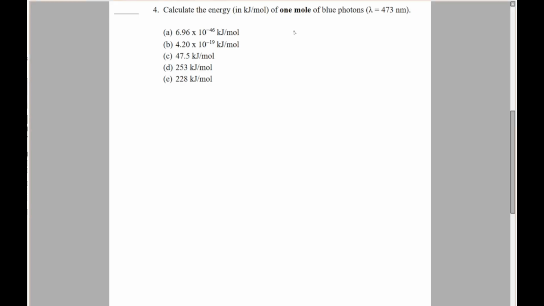The equation for energy is E equals hν, which is also equal to hc over lambda, and h in both cases is Planck's constant, which is 6.626 times 10 to the negative 34. And lambda is supposed to be in meters, so to convert this to meters, we just multiply it by 10 to the negative 9, because nanometers.